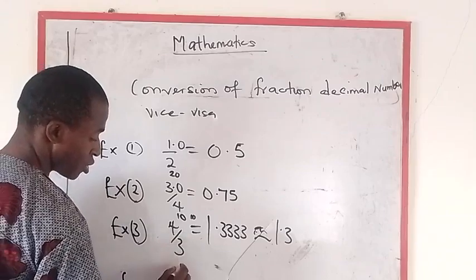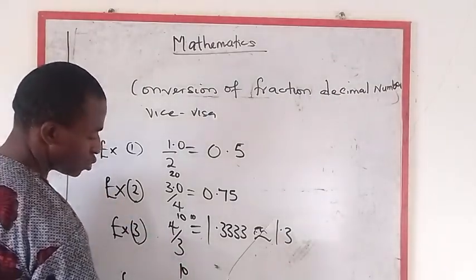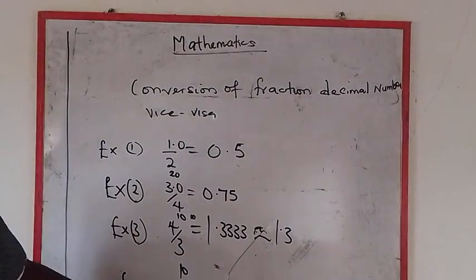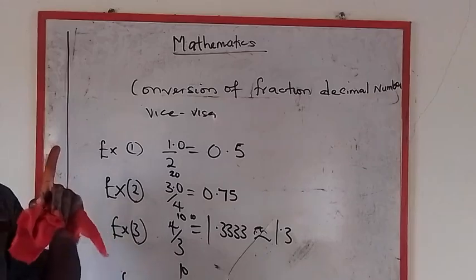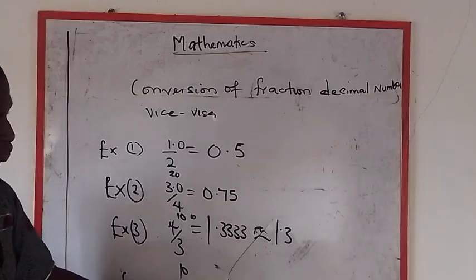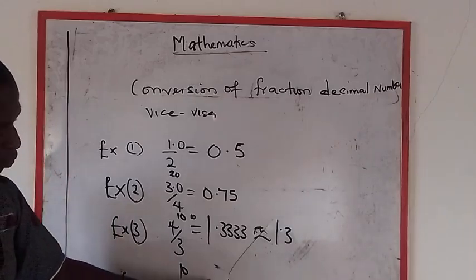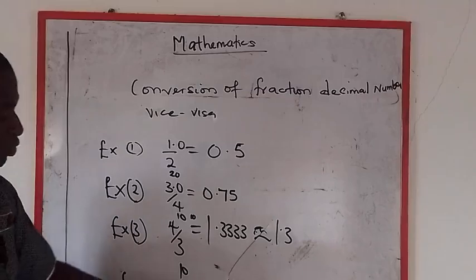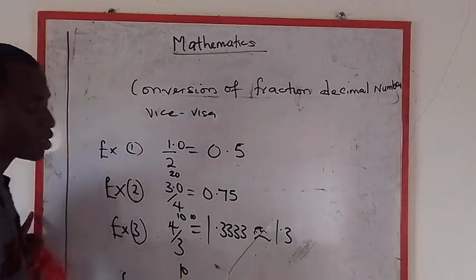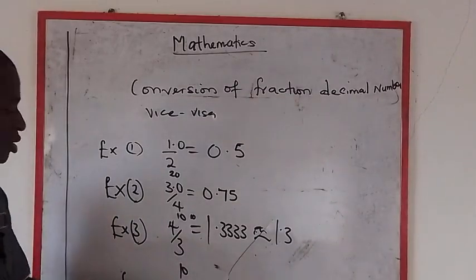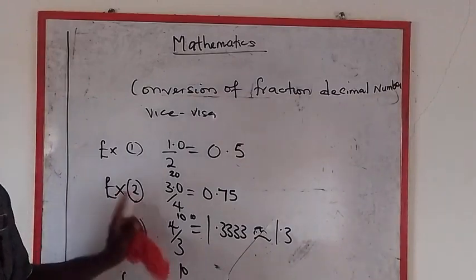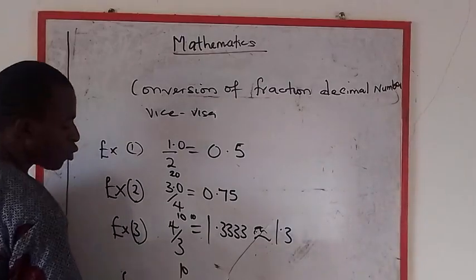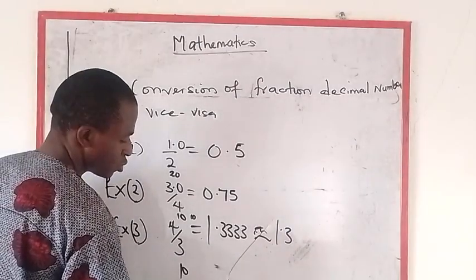Because there is a remainder, you put the point there. Then, with the remainder of 1, you add 0 to it. Then 4 into 10 will give us 2.